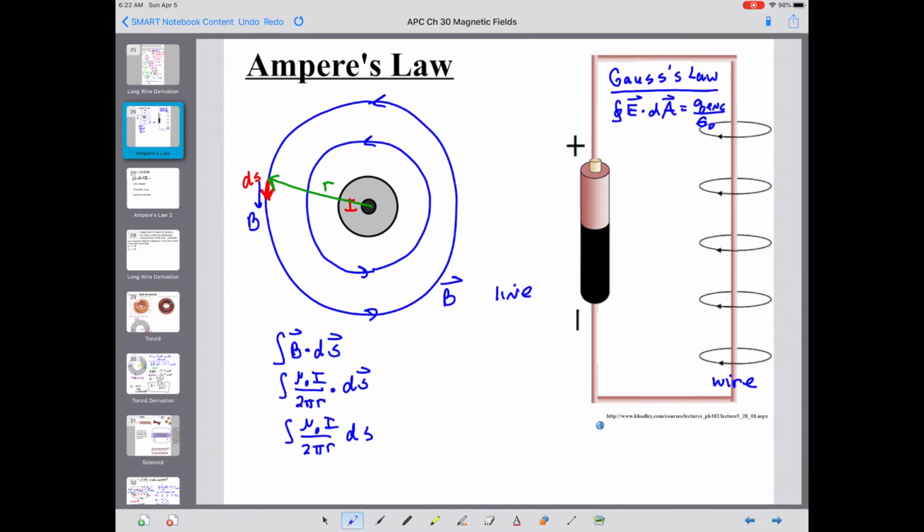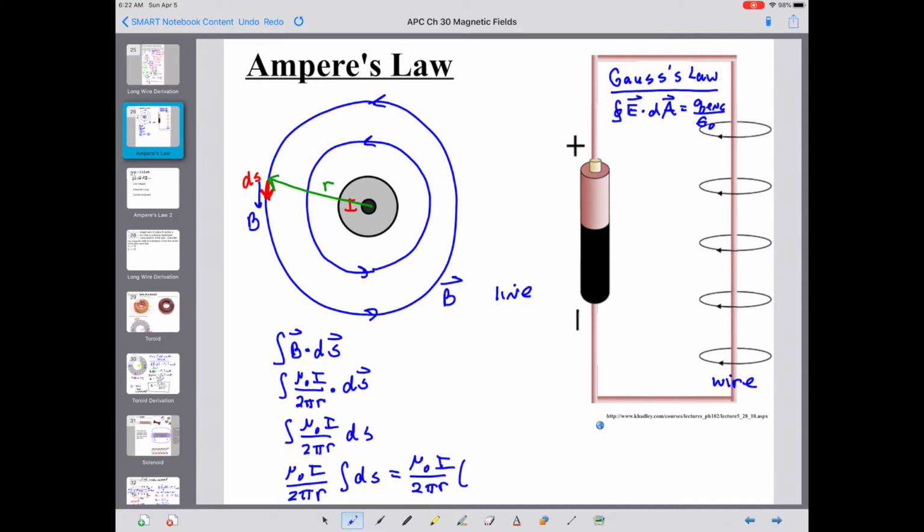Well, let's think about what's constant. Mu naught, I, 2 pi, and r all pull out. So I've got mu naught I over 2 pi r times the integral of ds. The integral of ds is going to give us the length of that loop, and the length of that loop is going to be the circumference, which is 2 pi r.